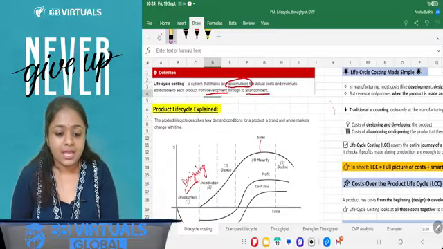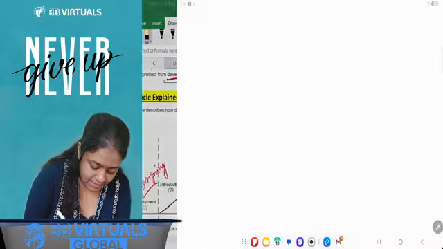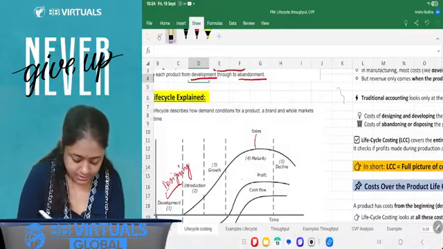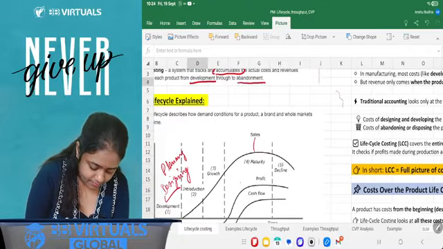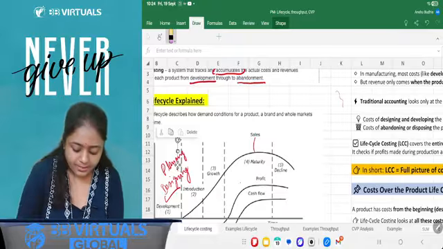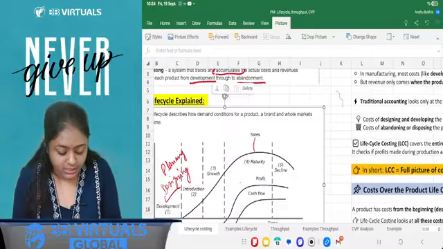Please understand, in this phase we have planning as well as designing. Everything is there in this phase. Then we are going for a development of the product.